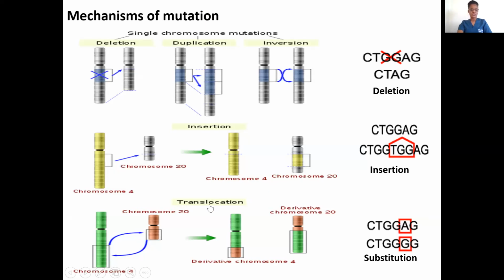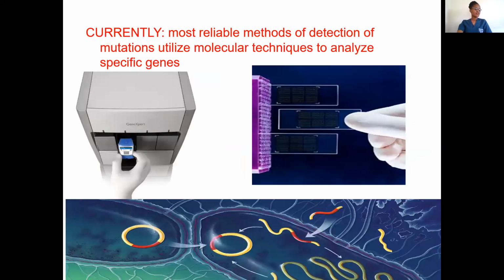And then we have translocation, whereby you move from one chromosome to the other. I think you'll have a better view of this when you're learning molecular biology, which goes deeper into the mechanisms.